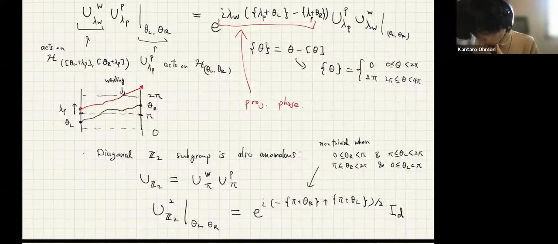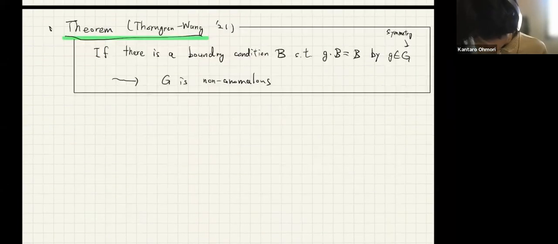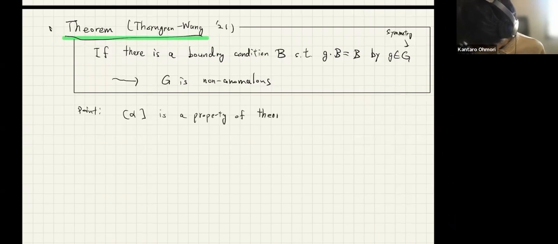The point is that the cohomology class is a property of the theory, not of the boundary condition.